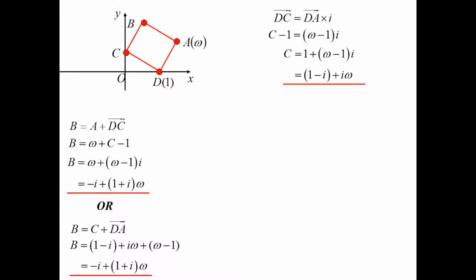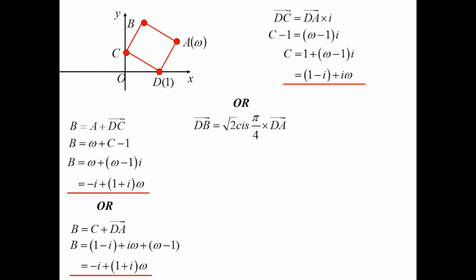But there's yet another way of getting that point. I could have said, I've got the vector DA, I have rotated it to get the vector DB. Well, if I've rotated it, it's a square. We know diagonals are at 45 degrees, so I must have rotated it 45 degrees or cis pi on 4.